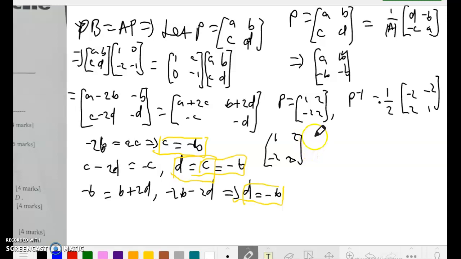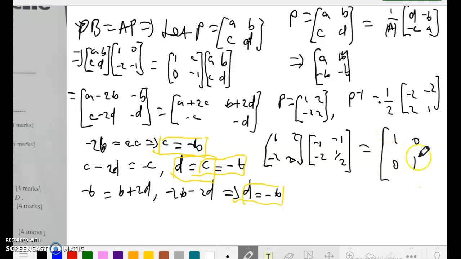Then multiply this by the inverse, which is negative 1. This will give us negative 1 also. We'll have negative 2 rows, multiply the rows by columns, and then negative here will be a half. So if we multiply the matrices, we will simply get 1, 0, 0, 1.